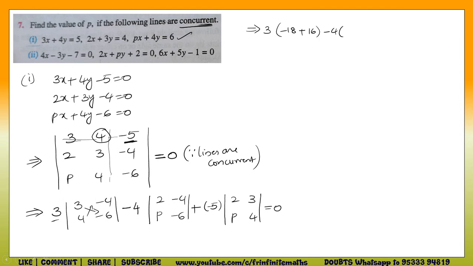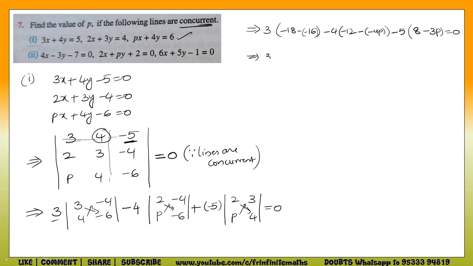Next, -4 times of: 2 times -6 is -12, minus of -4p, so that you will get clarity, is -(-4p). Later on we will simplify that. Next, -5 times of: 2 fours are 8, minus 3 times p is 3p, equal to 0.